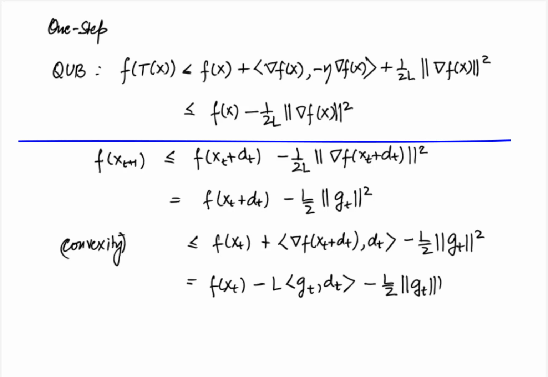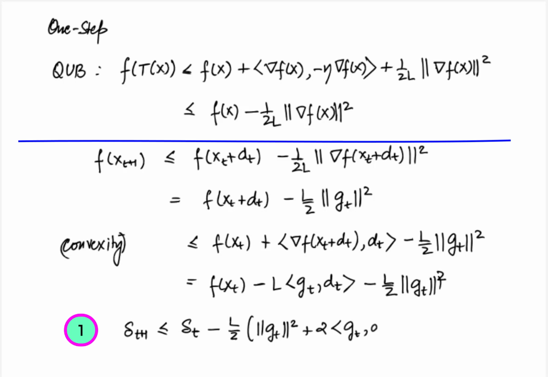Now subtracting f of x star from both sides and recalling that the optimality gap was given by delta t, we get our first one-step inequality, which is that delta t plus 1 is less than or equal to delta t minus L by 2 norm square of gt plus 2 inner product of gt comma dt.